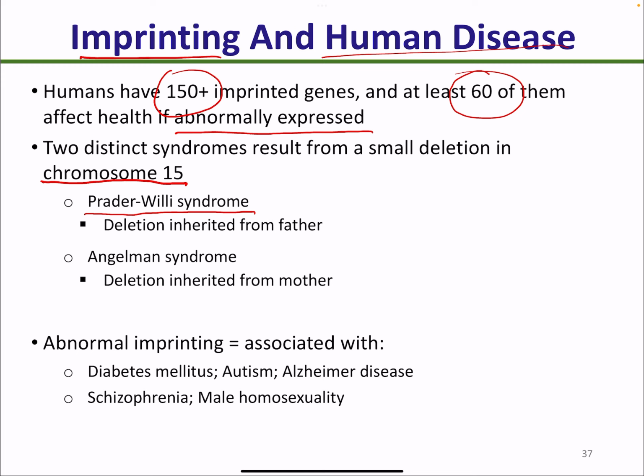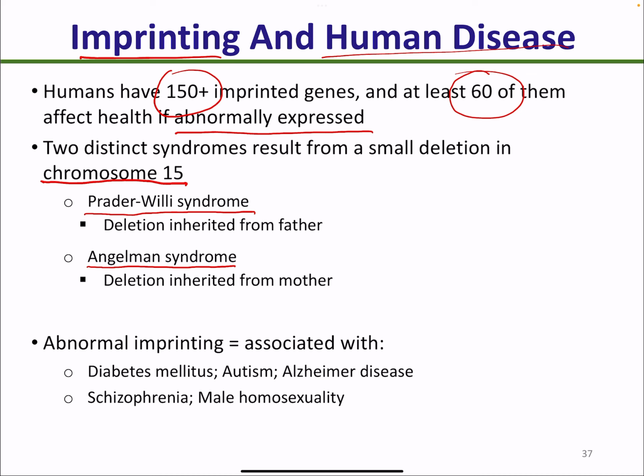The Angelman syndrome is basically a condition that affects the development of an individual. Okay, in terms of nervous system development, there is an issue. The coordination of movement is an issue. Learning is an issue in those individuals.